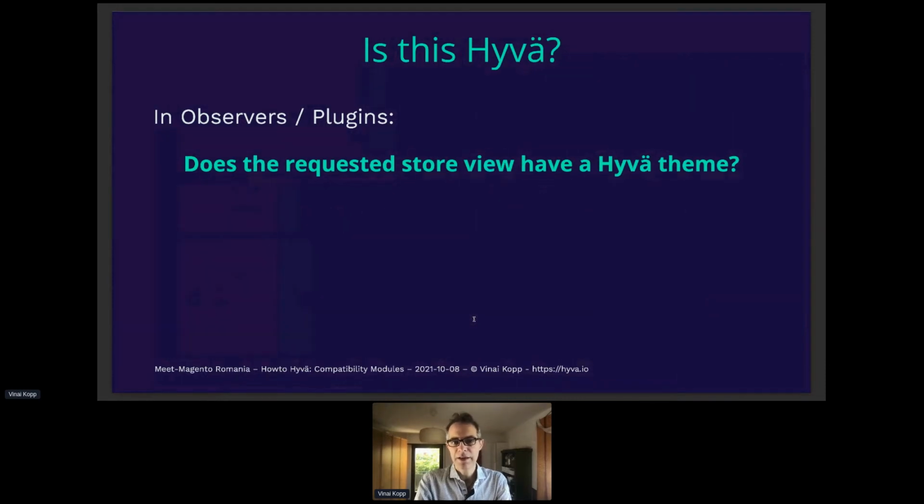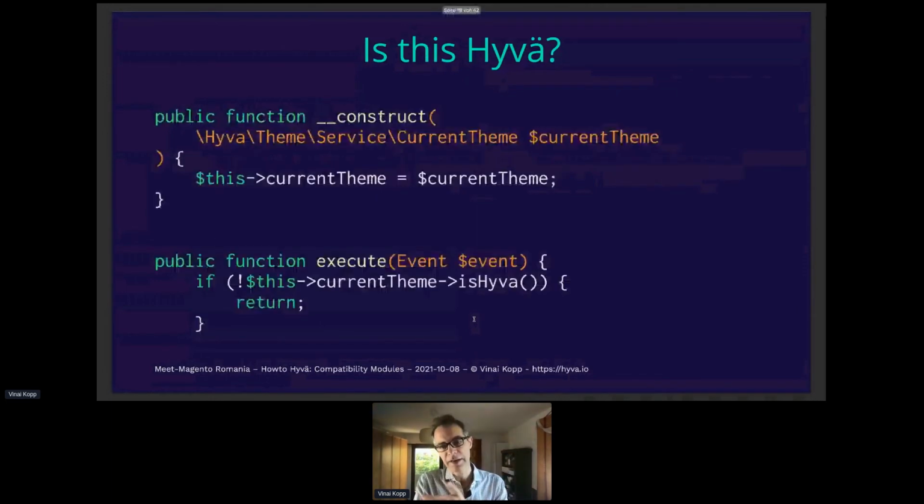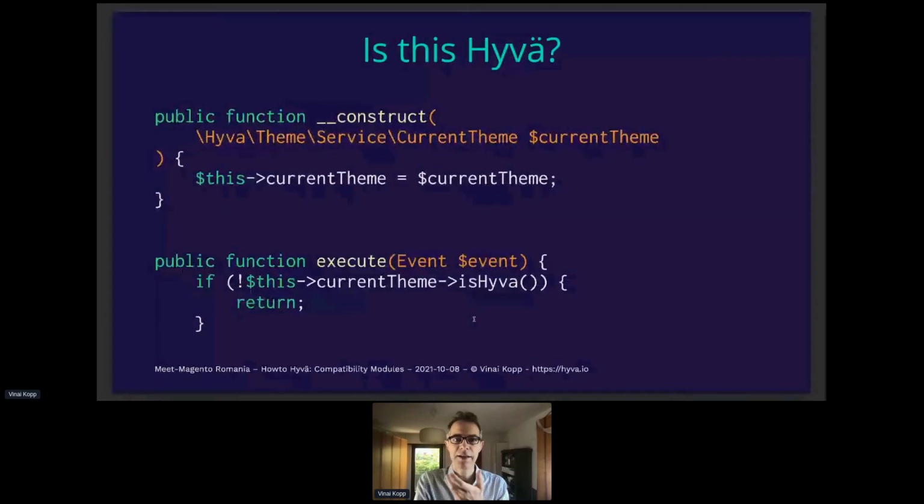So it might be necessary to figure out if the current store view that's being rendered or being presented to the customer is running Hyvä or not in PHP code, so outside of a template. And that's possible with this little service class called CurrentTheme. And it has one method called isHyva. So we can then use that method in an observer or plugin to only do our work if Hyvä is active, for example.